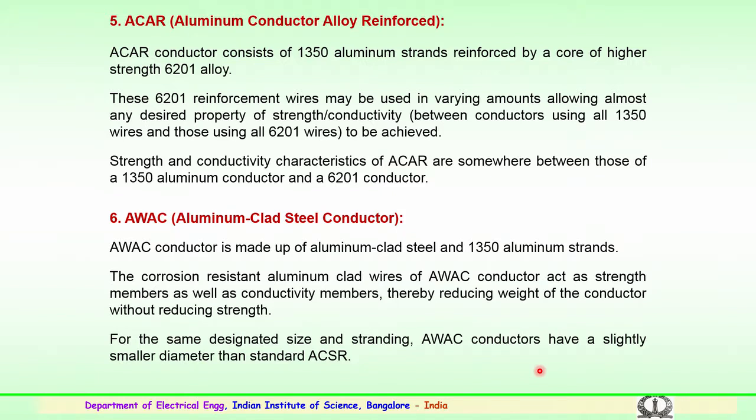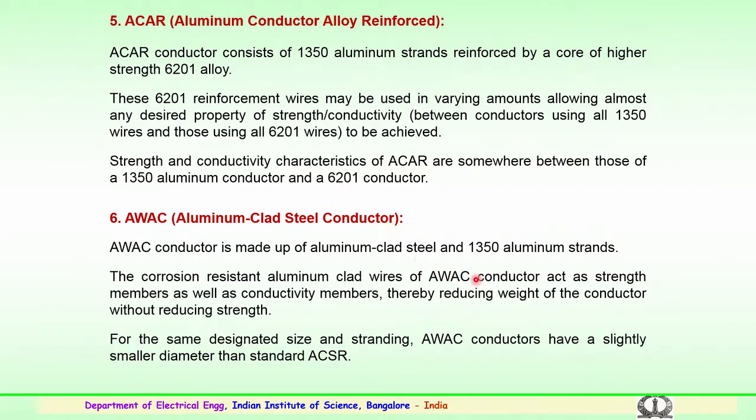The strength and conductivity characteristics of this ACAR conductor are somewhere between those of a 1350 aluminum conductor and the previous 6201 aluminum conductor.